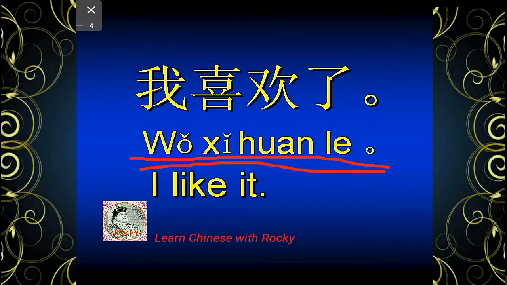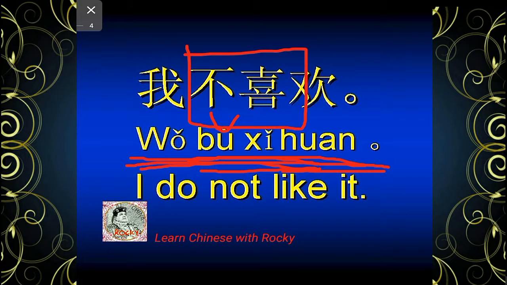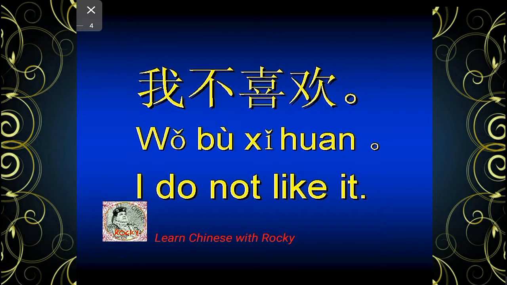I like it. 喜欢 means like. 喜欢, 喜 is a third tone character, a falling tone and rising tone. 欢 has no tone, it is a neutral tone. So let's put all this together. 我喜欢了. I like it.